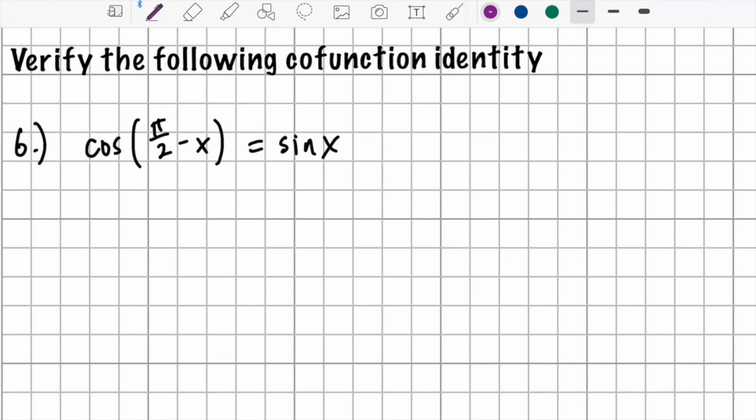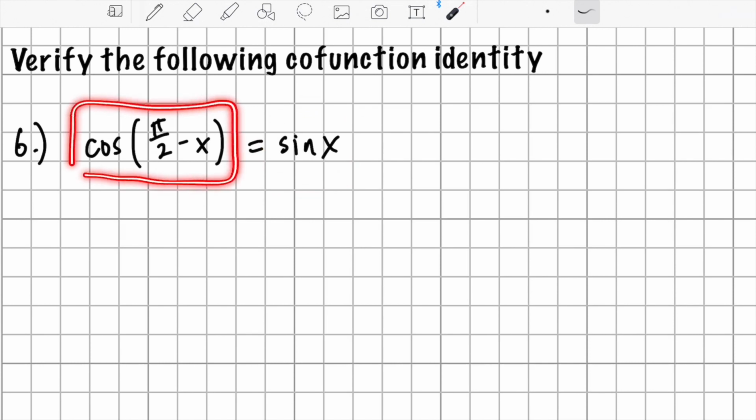The last example for today is we need to verify the following cofunction identity. So what we want to do is make sure that the left side equals the right side. What I'll do with this left side is expand it by using a sum or difference identity.